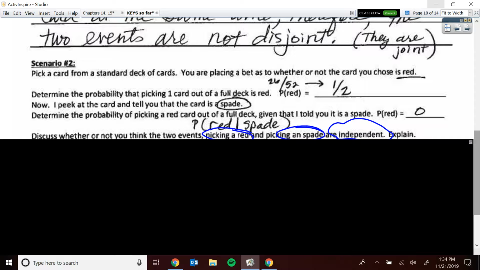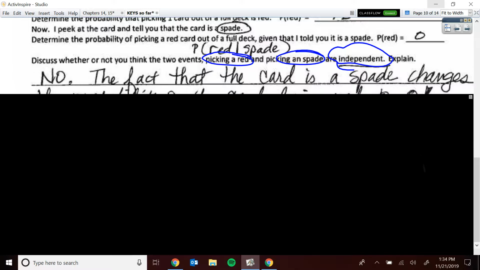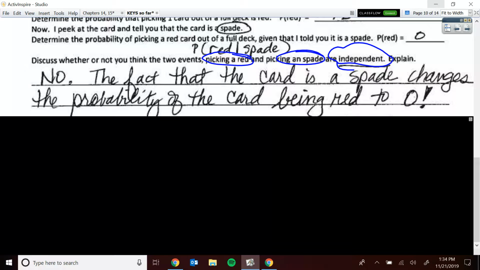The fact that I told you it's a spade changed the probability of it being red. Are they independent? No. Why? Because the fact that I told you it's a spade changed the probability of it being red to 0.